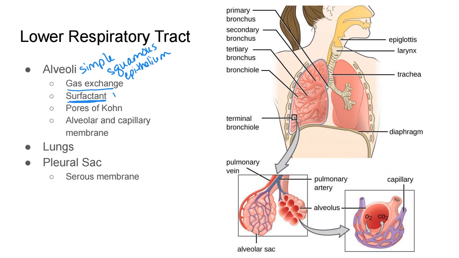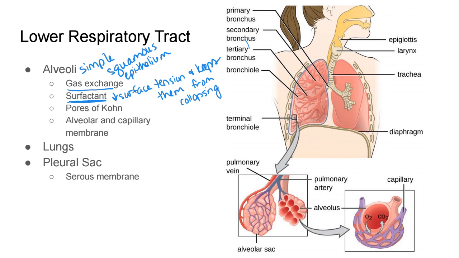Surfactant is going to help decrease surface tension, and it keeps our lungs from completely collapsing every time we breathe in and out. This is actually one of the last things to be produced during fetal development, which is why babies can't breathe on their own at first.